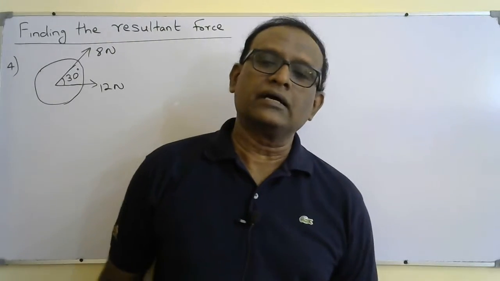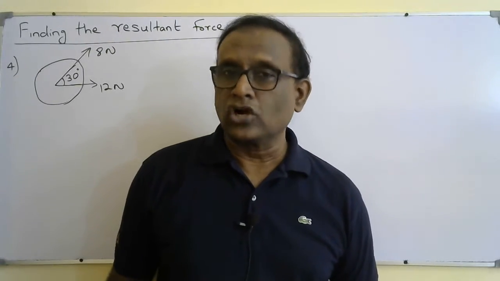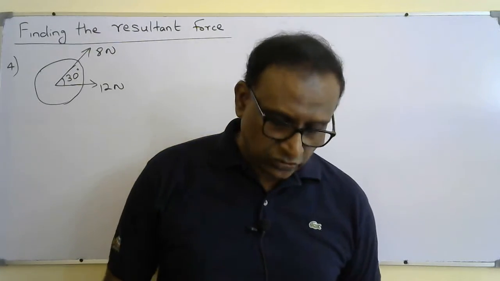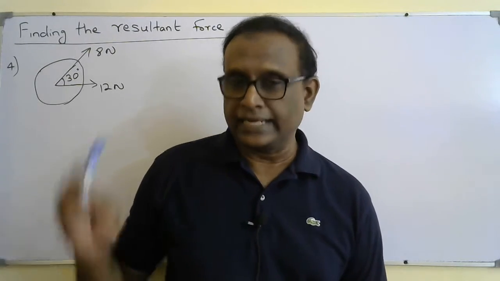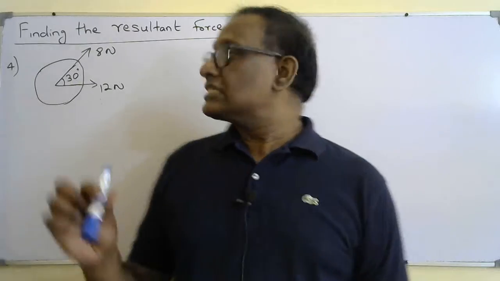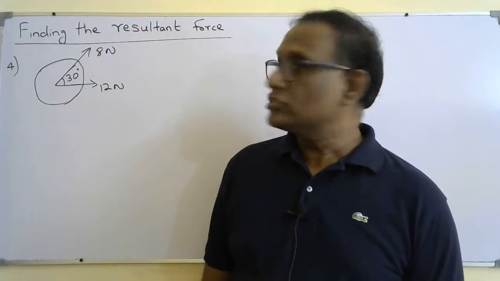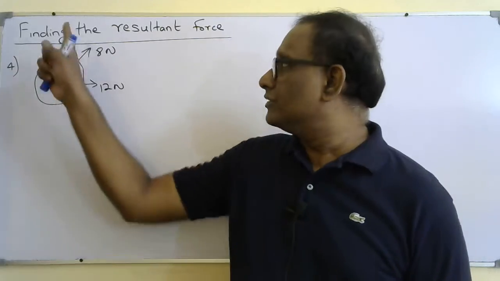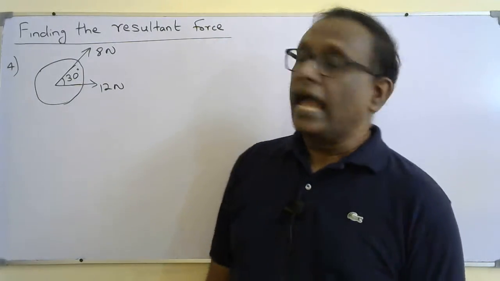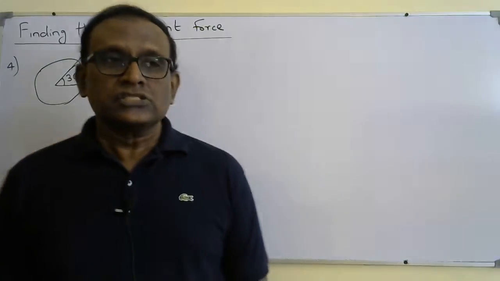Okay, so we are going to learn the application of resolving a vector when we calculate the resultant force. An example, the same as the first question, I am repeating it as the fourth question. Here I am going to find the resultant force by resolving the given forces into horizontal and vertical directions.